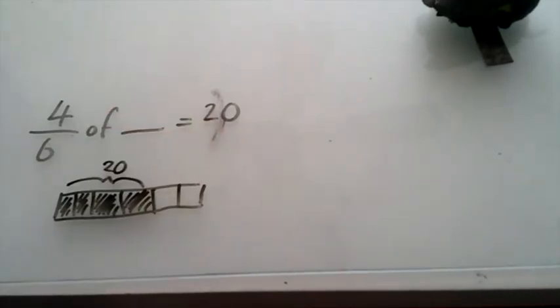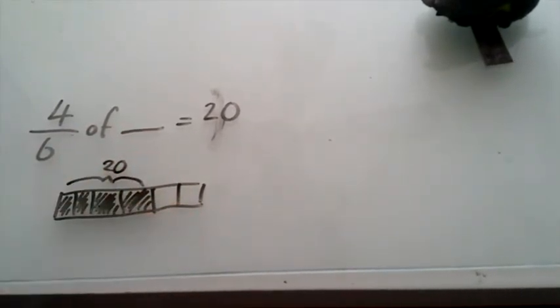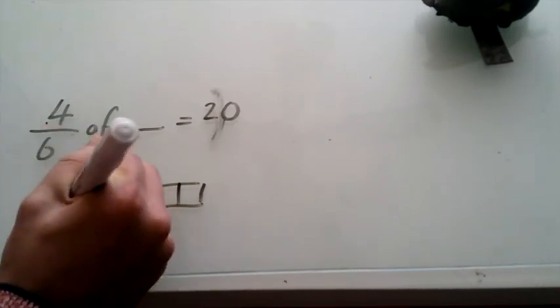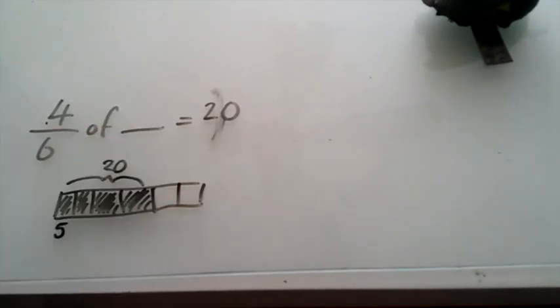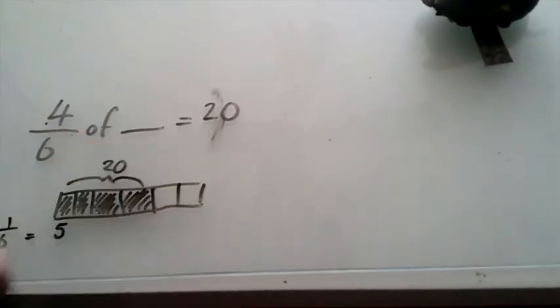So we then want to work out what 1 segment is. So we do 20 divided by the numerator, 20 divided by 4. 20 divided by 4 equals 5. So we know that 1/6, 1 segment equals 5.